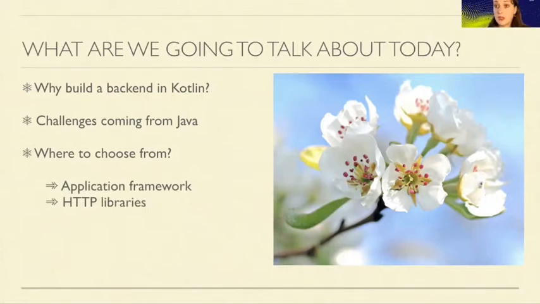HTTP libraries are the same. There are some standards, but the Kotlin world is also developing its own HTTP libraries, which will actually give you the full power of Kotlin as they're written in Kotlin. Dependency injection, there as well, there's something to choose from. And of course, your database libraries.